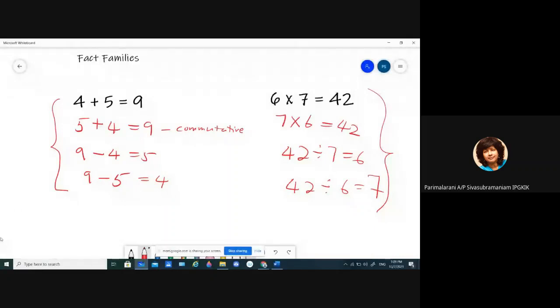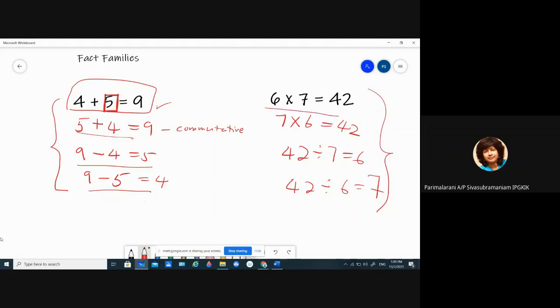What we mean by fact families is that if the student knows one fact, like 4 plus 5 is 9, the student can work out that 5 plus 4 is also 9. And the student can work out that 9 minus 4 is 5, and 9 minus 5 is 4.